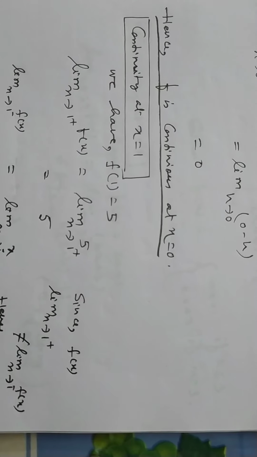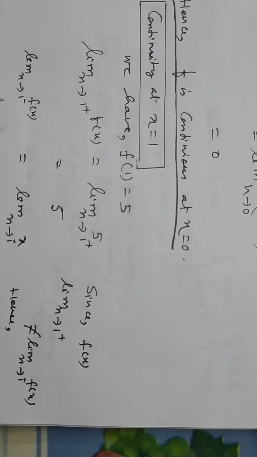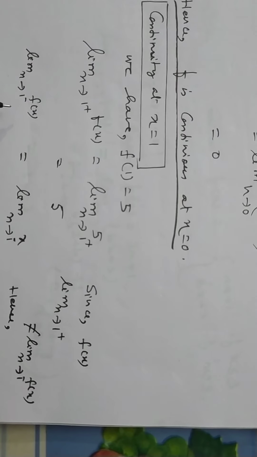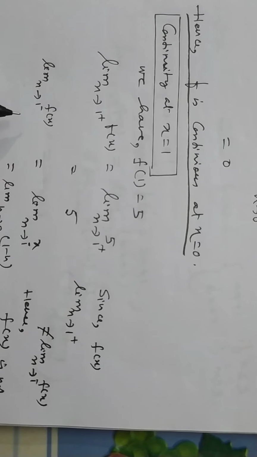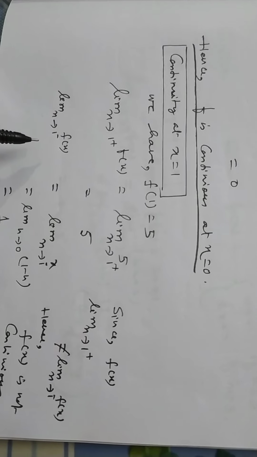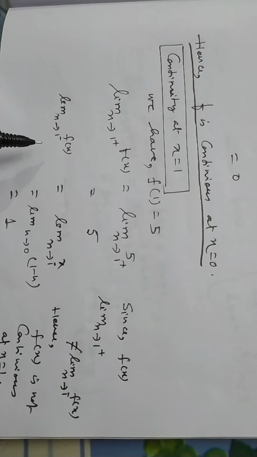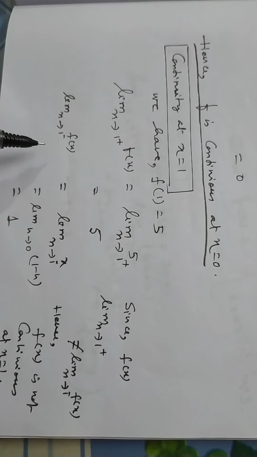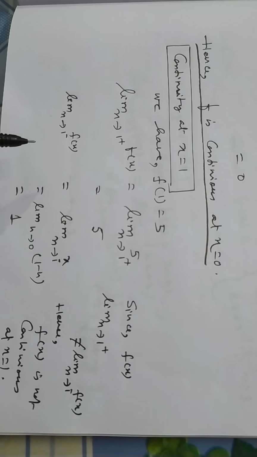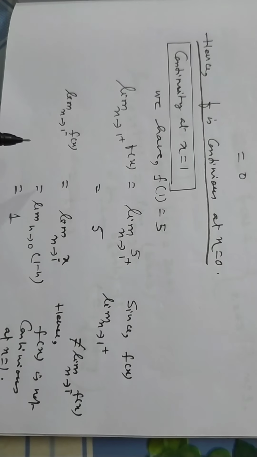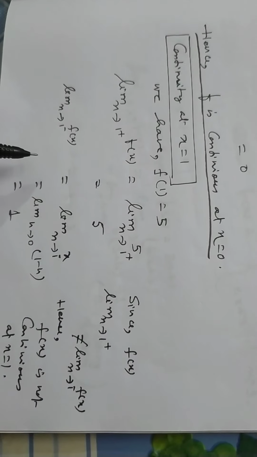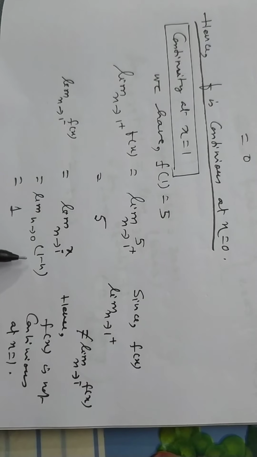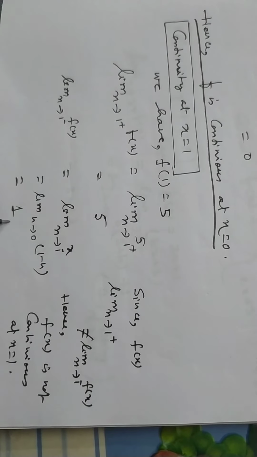Also, for values less than 1, the function is x, so it will be 1 − h, limit h tends to 0, which is equal to 1.